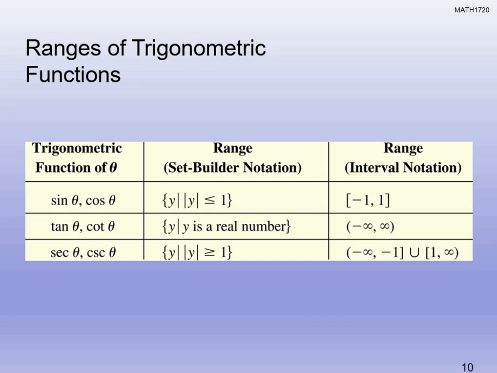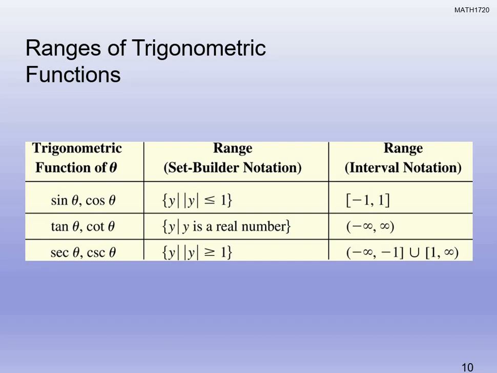And we did that when we were looking at the quadrantals and going around. Sine and cosine always have to stay between negative 1 and 1. That'll make more sense when we start talking about the graphs of sine and the graphs of cosine. We can change the amplitudes, but the general basis is sine and cosine stay between negative 1 and 1. And we're talking the range, so we're talking the y values.